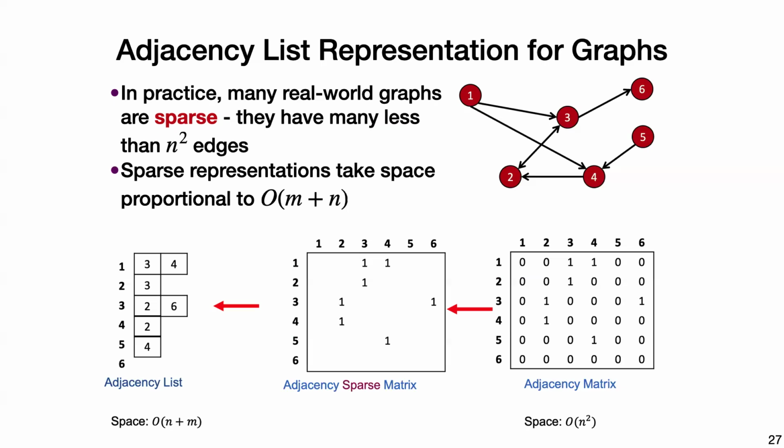And 3 is the outgoing neighbor of 2, so that's why you write 3 here, and so on like that. 6 has no outgoing neighbor, so nothing is next to 6. So rather than taking space n squared, this takes space n plus m, where n is the number of vertices. Any questions?